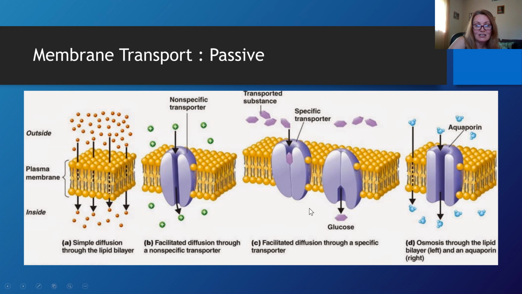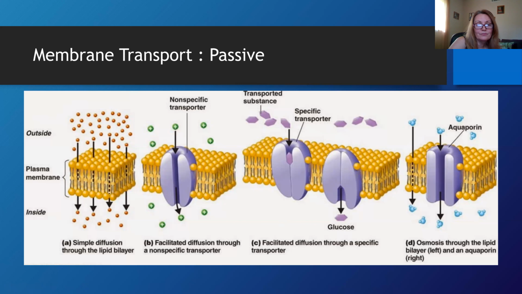So this is facilitated diffusion through a specific transporter. That means if this is a glucose transporter, only glucose will go through. But it's still passive transport because molecules or ions are moving from high concentration to low concentration without ATP input.